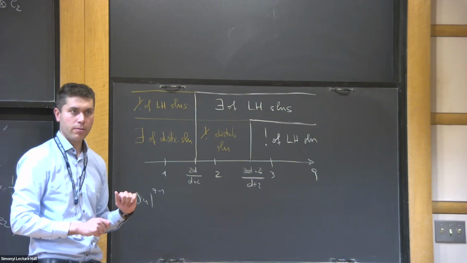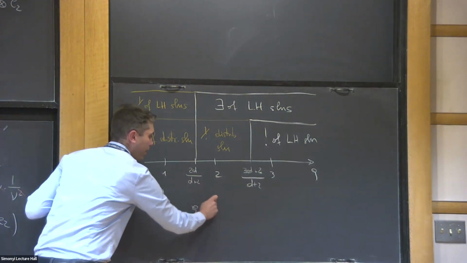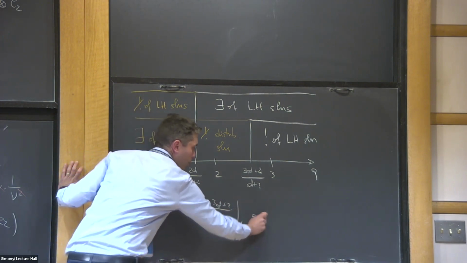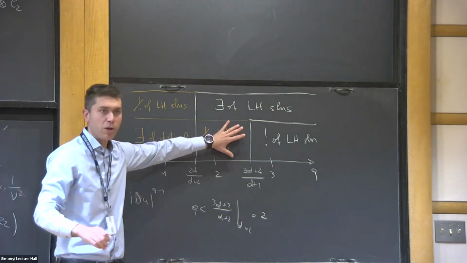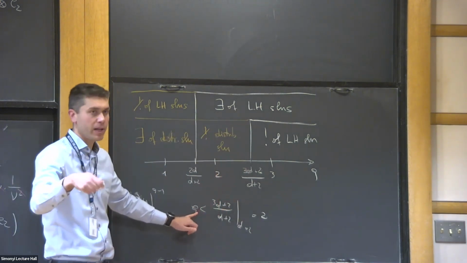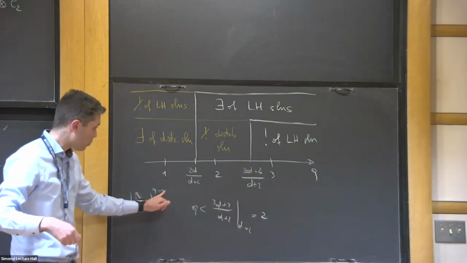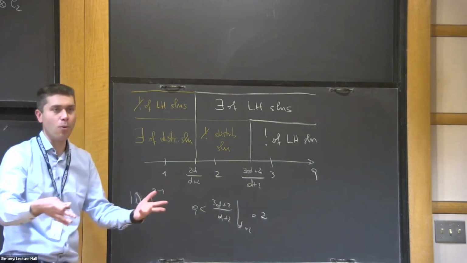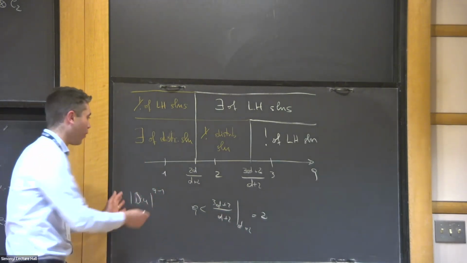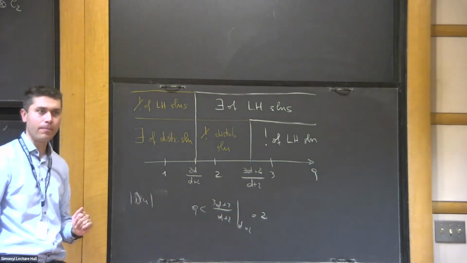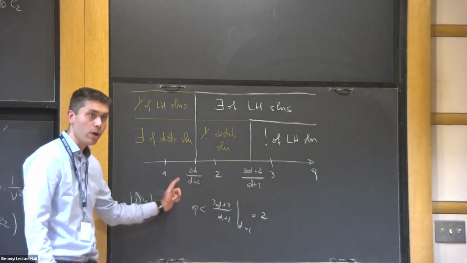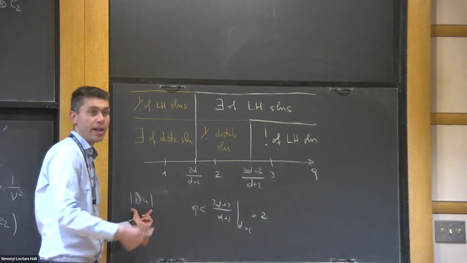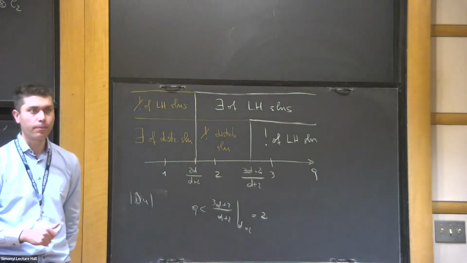If q is smaller than 3d+2 divided by d+2, in dimension d equal 2, this is 2. So this statement in dimension 2 would be that you have a tensor field for which q is smaller than 2, so q minus 1 is smaller than 1. Since it's smaller than 1, the only way we have to control it is to control the L1 norm. But in dimension 2, you cannot control the L1 norm of the derivative, so you cannot have this small in L1 and of order 1 in L2. That's the point in the proof.